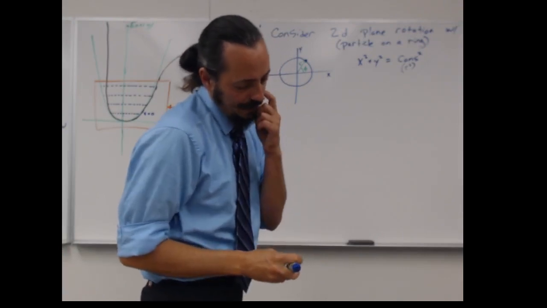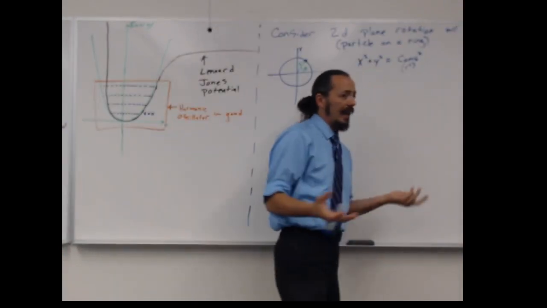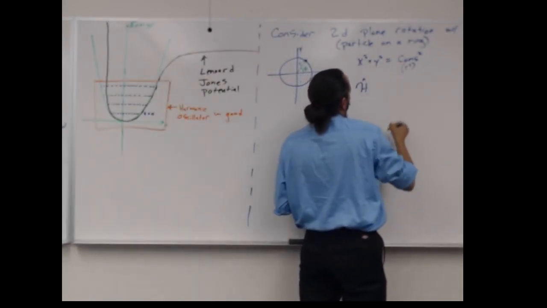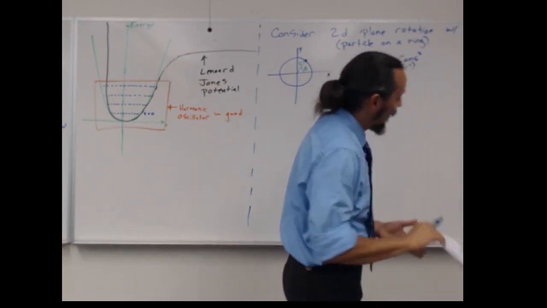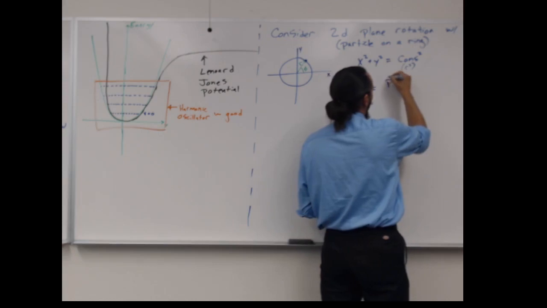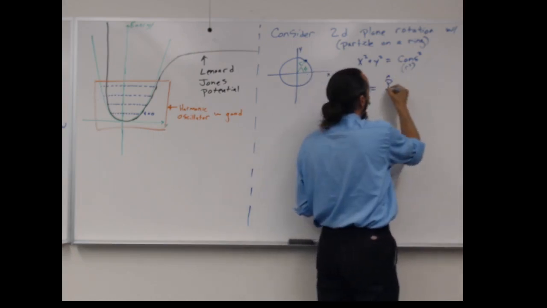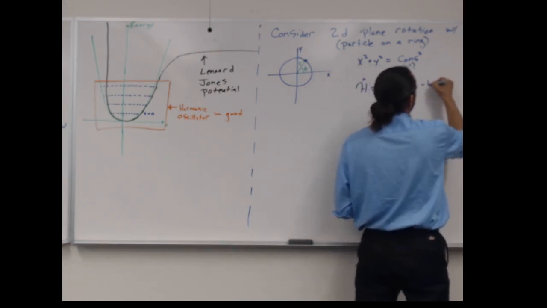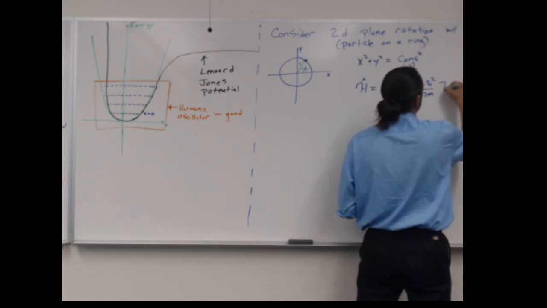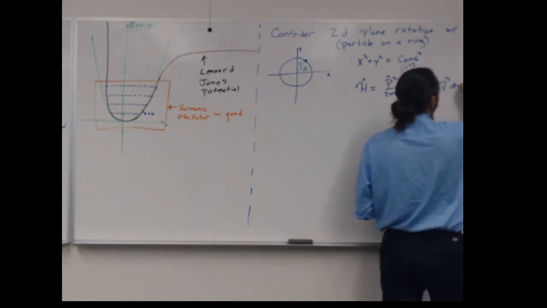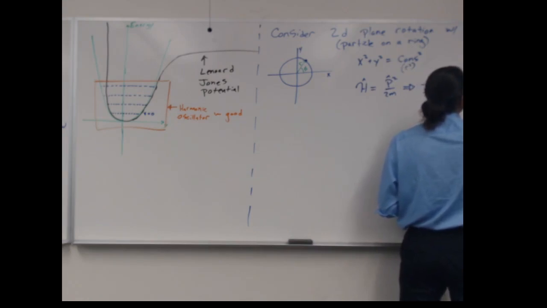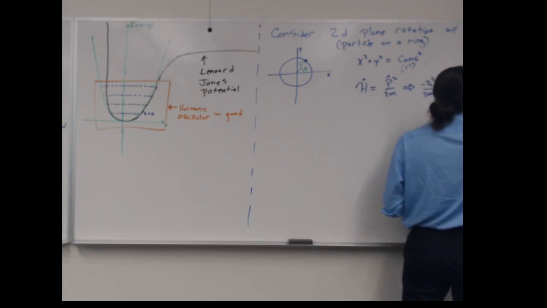Now, this means we're going to have to think about multidimensional Hamiltonians. So our Hamiltonian in this case can be written in a couple different ways, but we can just do p squared, notice no subscript on this one, over 2m, which is equivalent to saying negative h bar squared over 2m del squared, which is equivalent to saying negative h bar squared over 2m times d by dx squared plus d by dy squared plus d by dz squared.